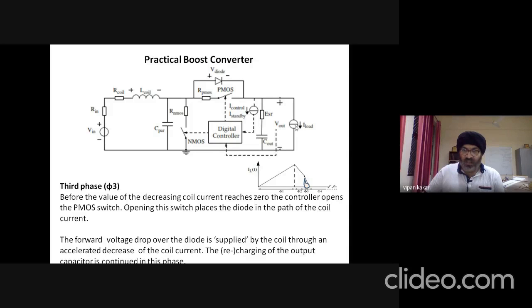So when it completely goes to 0, the PMOS switch is now turned off or gets opened. So now both these switches are turned off.